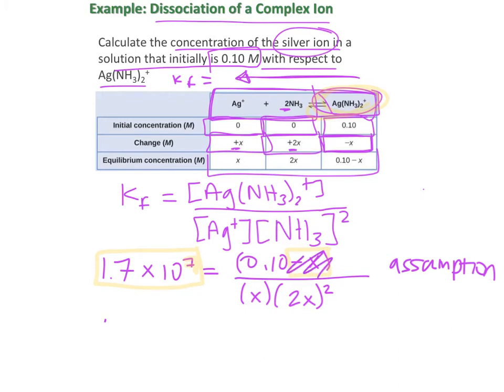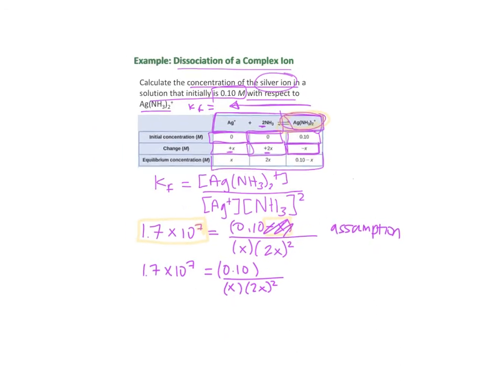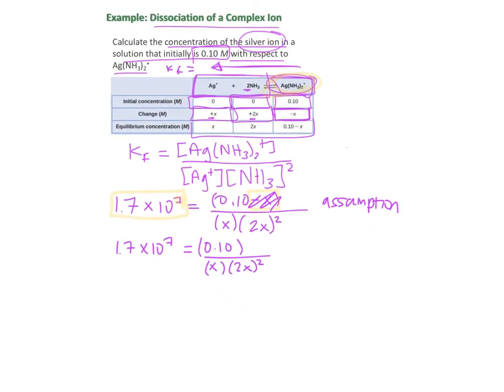What we end up with is 1.7 times 10 to the 7th equals 0.1 over x times 2x squared. We can further simplify this to be 1.7 times 10 to the 7th equals 0.1, and then we would square this, so you get 4x squared.